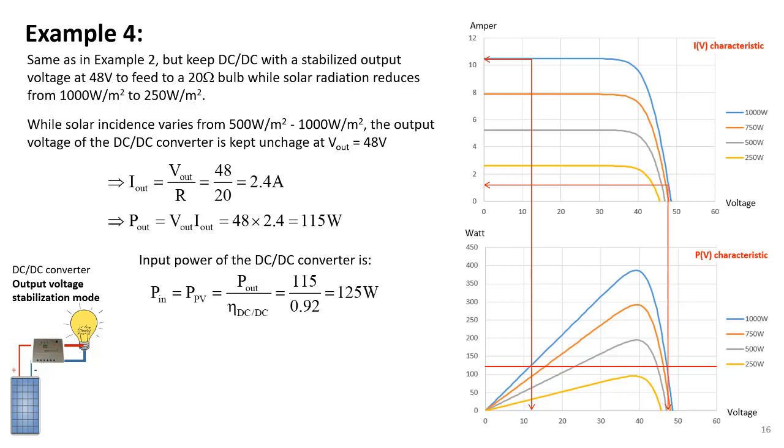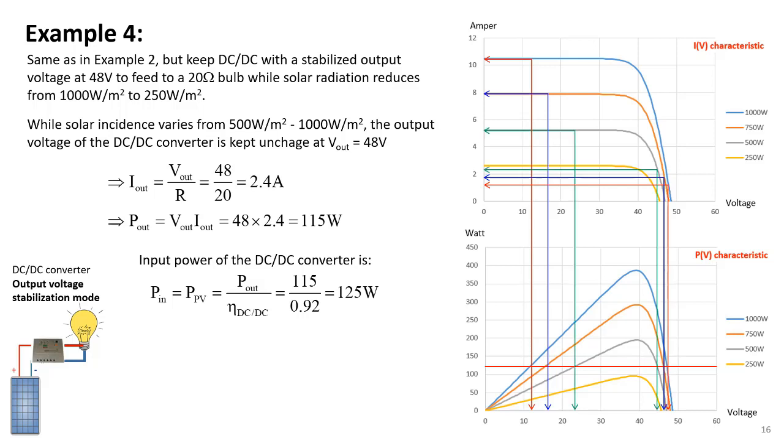Meanwhile, the expected power Pin of the DC-DC converter, which is also the power PV produced by the PV, and because the converter efficiency is 92%, Pin equals 115 watts divided by 0.92, which is 125 watts. For this expected Pin, we may see there could be two working points for each specific solar irradiance.